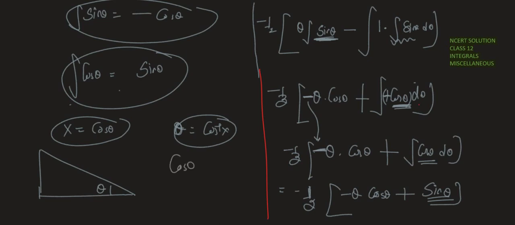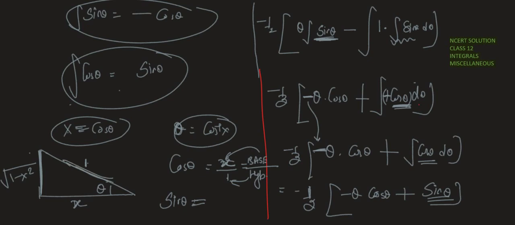Cos theta is x, so I can write it as x by 1, which is base by hypotenuse. So base is x, hypotenuse is 1. What will be the height? By Pythagoras, square root of 1 minus x square. So from this triangle, sin theta is height by hypotenuse, which is square root of 1 minus x square by 1.